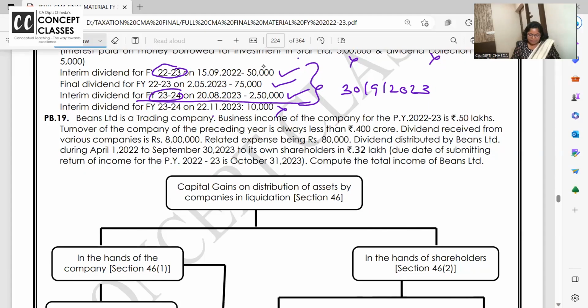One more and then this deductions concept is over. Then we will start with deemed dividend. The speed is fine. Beans Limited is a trading company. Business income is given as 50 lakhs.